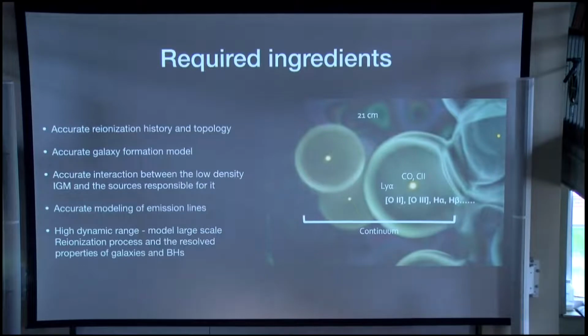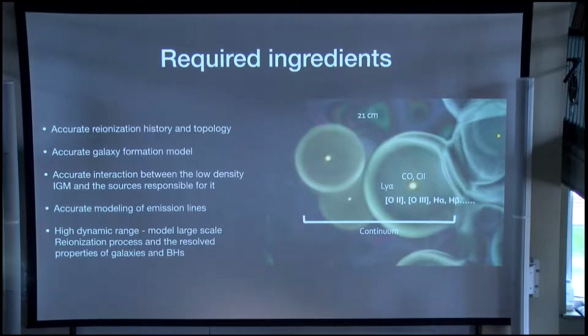So in order to make predictions, you need a few ingredients. You need accurate reionization history and topology. You need to understand how the reionization process is taking place. You need an accurate galaxy formation model because all these lines are very sensitive to your star formation rates, metallicities, and dust content in galaxies. You need to have accurate radiation hydrodynamics because radiation plays the most important role in all these processes that I mentioned before.